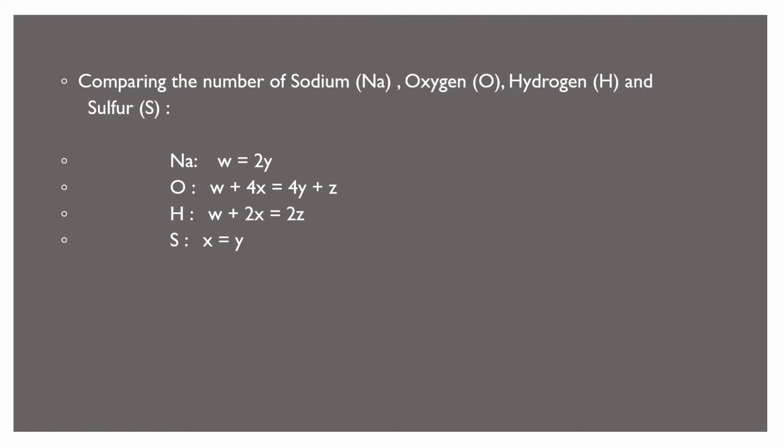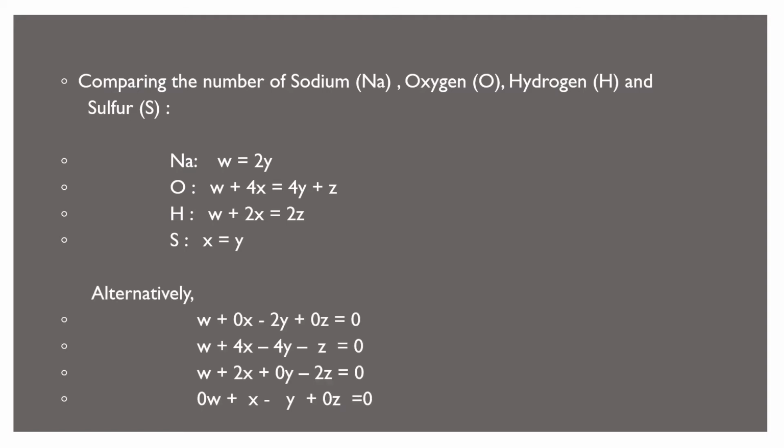If we rewrite these equations, we can say alternatively: w plus 0x minus 2y plus 0z equal to 0. w plus 4x minus 4y minus z equal to 0. w plus 2x plus 0y minus 2z equal to 0.